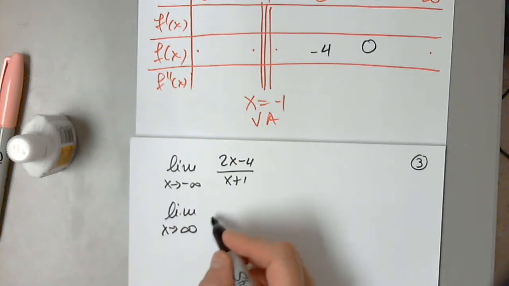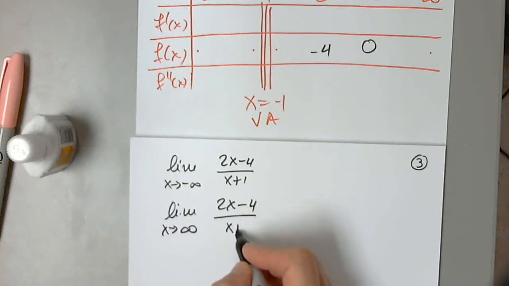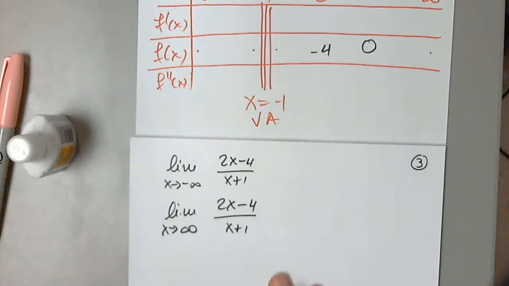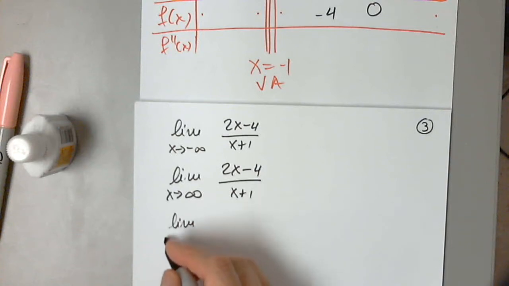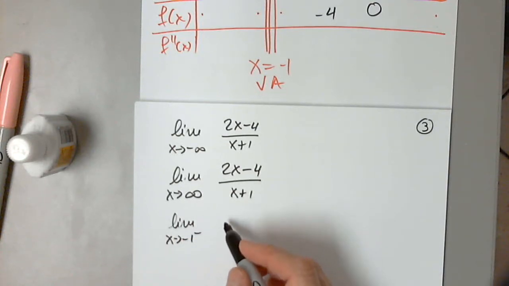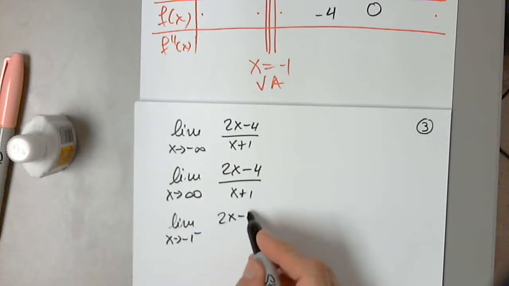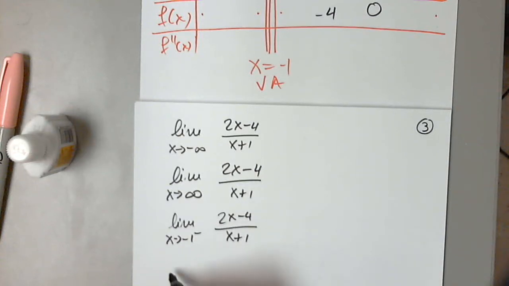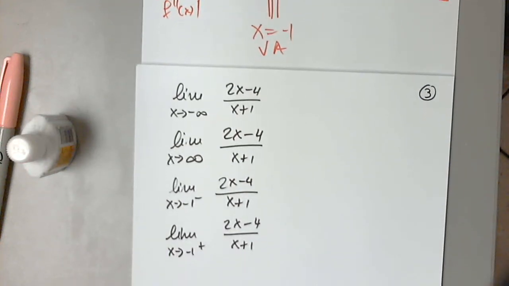Limit as x approaches infinity of 2x minus 4 over x plus 1. As well as limit as x approaches -1 from the left of 2x minus 4 over x plus 1. And limit as x approaches -1 from the right of 2x minus 4 over x plus 1.